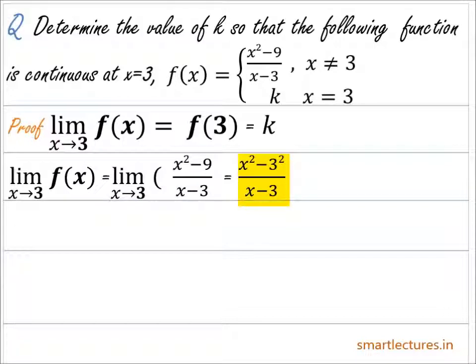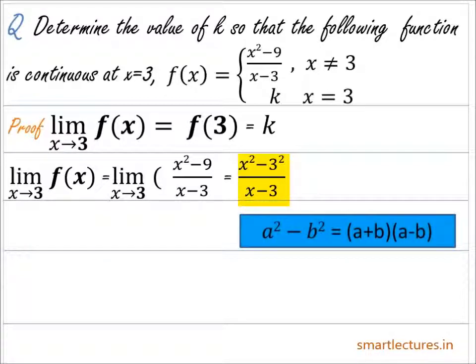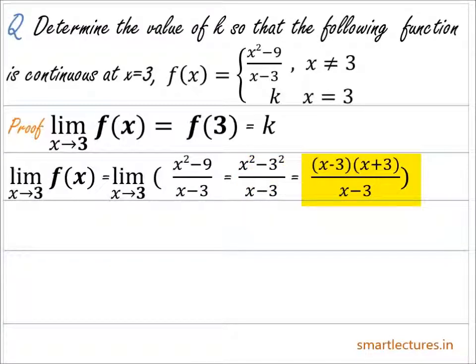Now x square minus 9 can also be written as x square minus 3 square. And now a square minus b square is equal to a minus b into a plus b. So this equation can also be written as limit x approaches 3, x minus 3 into x plus 3 divided by x minus 3 is equal to k.